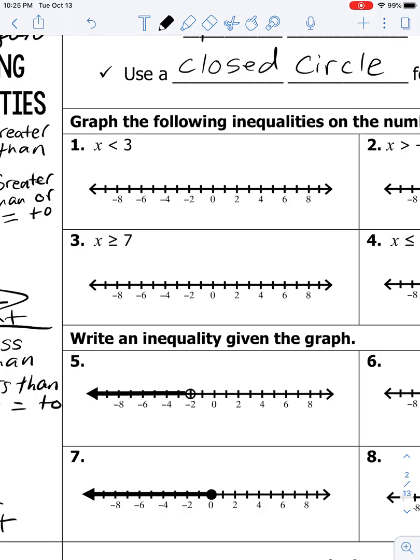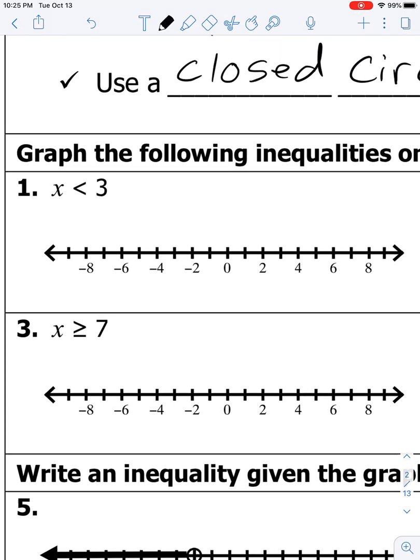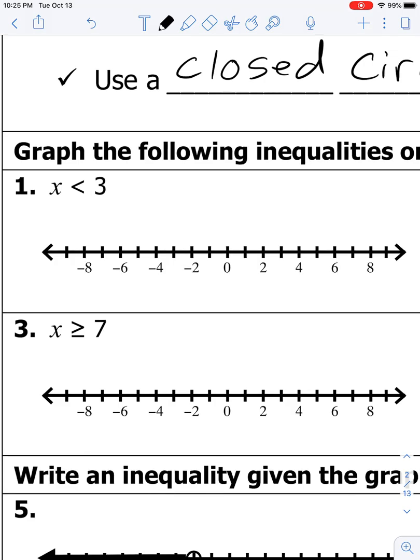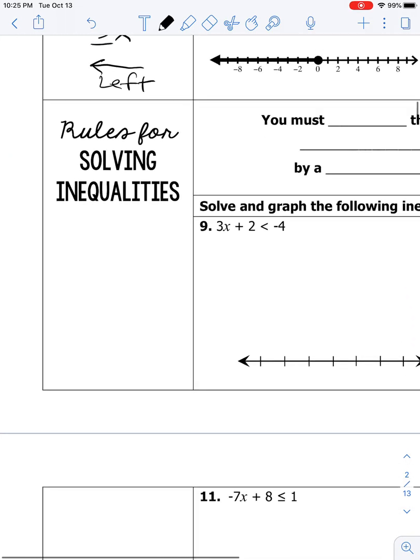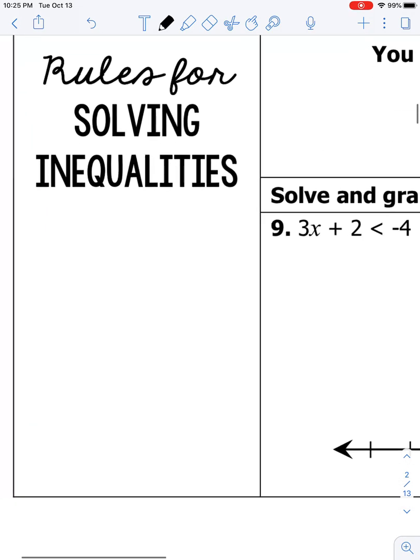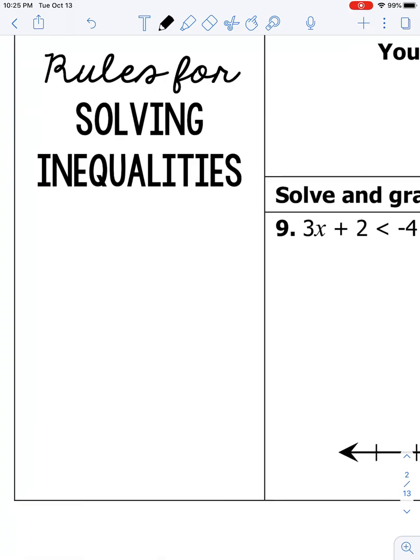So first thing, we need to plot the number. So I'm going to make this a little bit bigger. 3. So what you need to know, and I'm also going to give you another set of notes on here for anybody that doesn't have it: an open circle and a closed circle. An open circle is always going to be a less than or greater than sign.